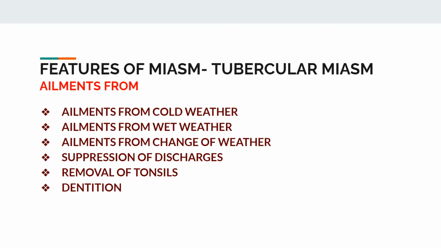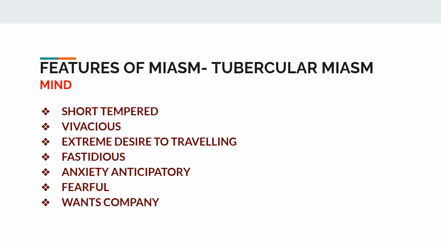So changes in the weather aggravate, and many diseases are caused because of change in the weather. The patient is very sensitive to cold and wet weather. There is suppression of discharges, removal of organs, problems during dentition.